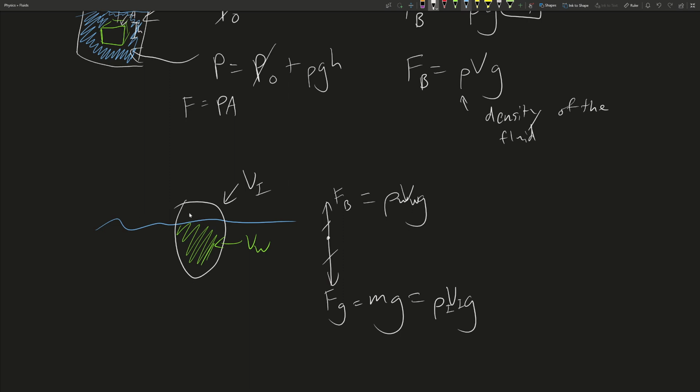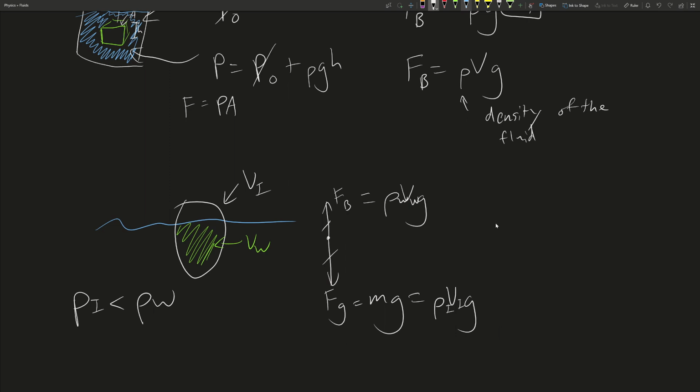And since it's floating, we know from intuition, or from what we have observed before, that things less dense than water float. And this will tell us why. So we know that the density of the iceberg is less than the density of water. Okay, so since these are equal, we can set these equal to each other.